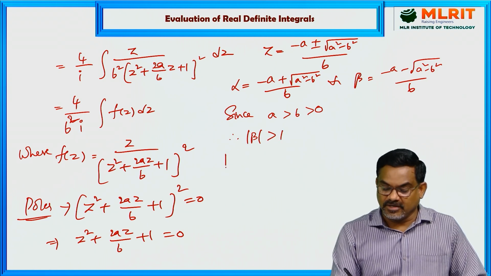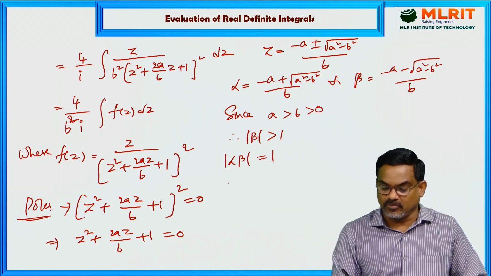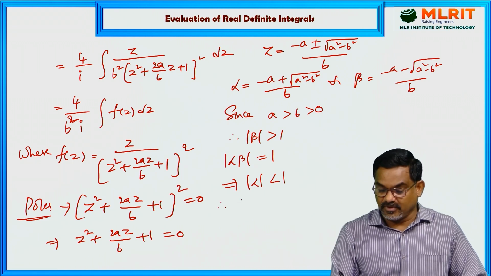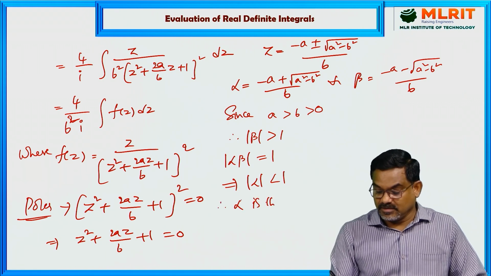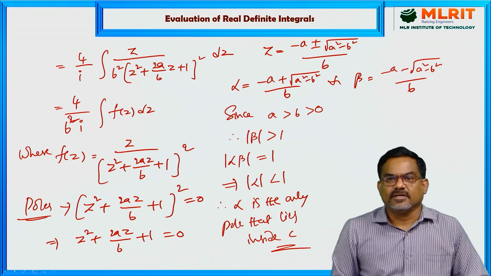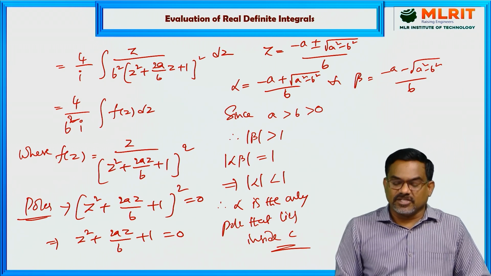And we know that the product of the roots, alpha into beta, must be equal to 1. From these two, we can say that mod alpha is less than 1. Therefore, alpha is the only pole that lies inside the curve C, the unit circle. So it is enough to find the residue at this alpha.